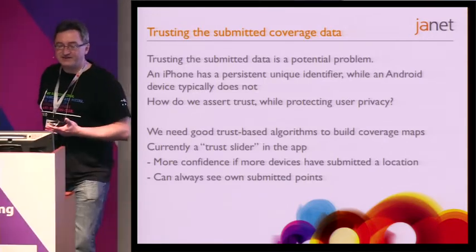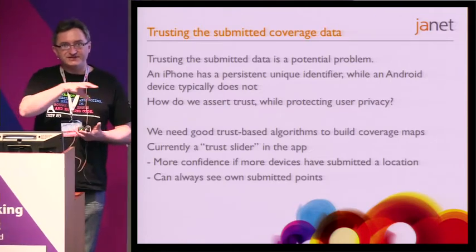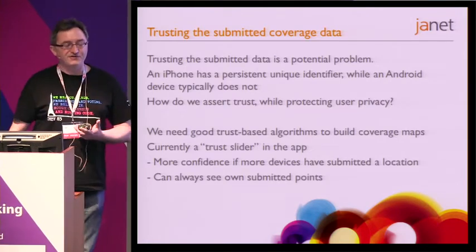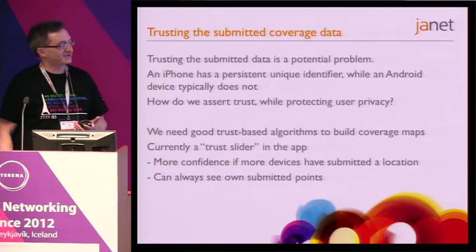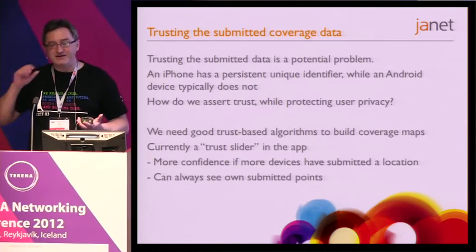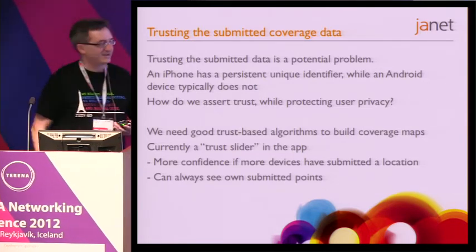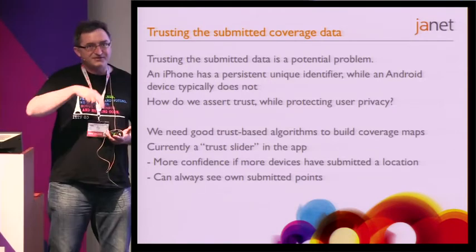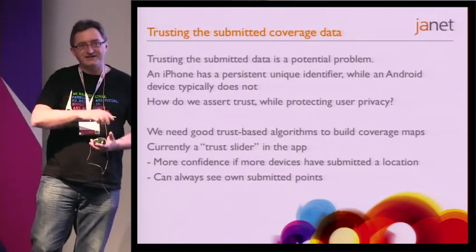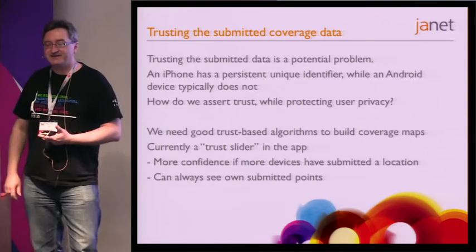Given that we now have a system where people can contribute points as they go around to build this coverage map, it's sort of crowdsourced coverage, there will inevitably be the odd person out there that will find it fun just to go and press, yes, I have eduroam here, wherever they happen to be, just to muck up the system.